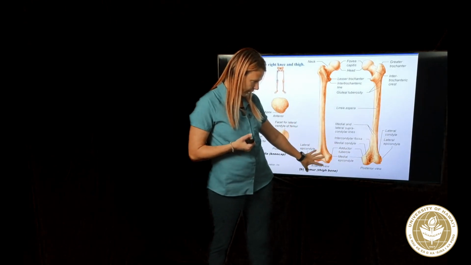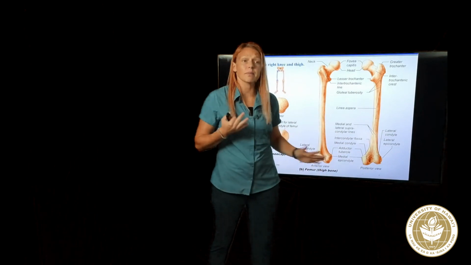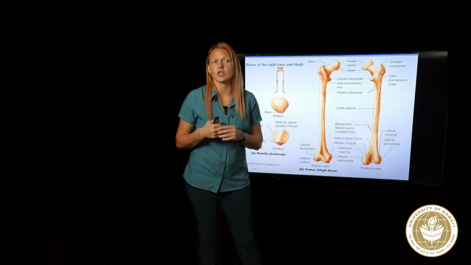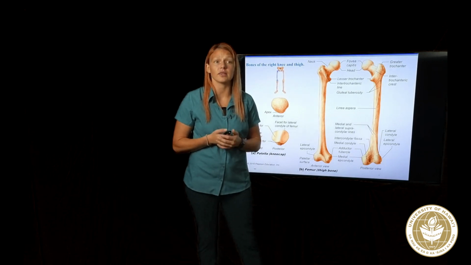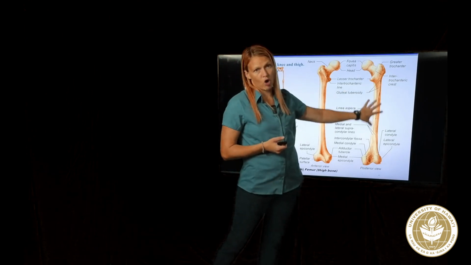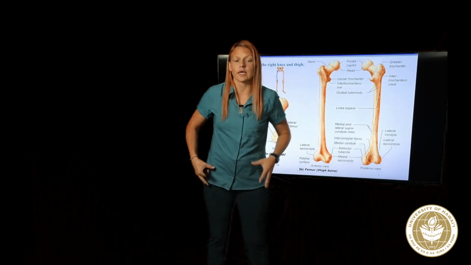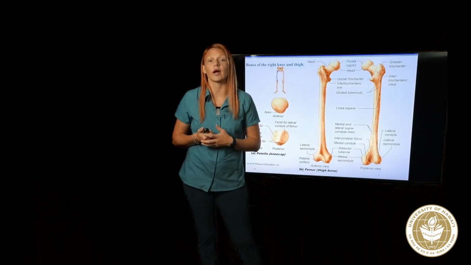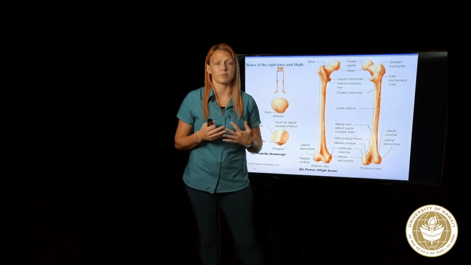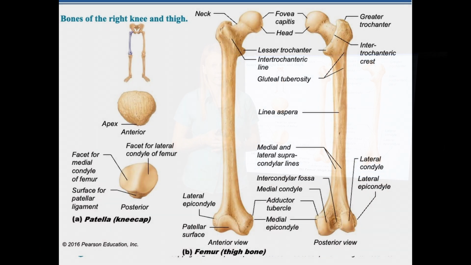You see a lot of different condyles as well as some epicondyles. So those are going to bind to the patella, the fibula, and the tibia. Again, very big, strong bone here, taking on a lot of the pressure that we're transmitting every time we do different types of movement.